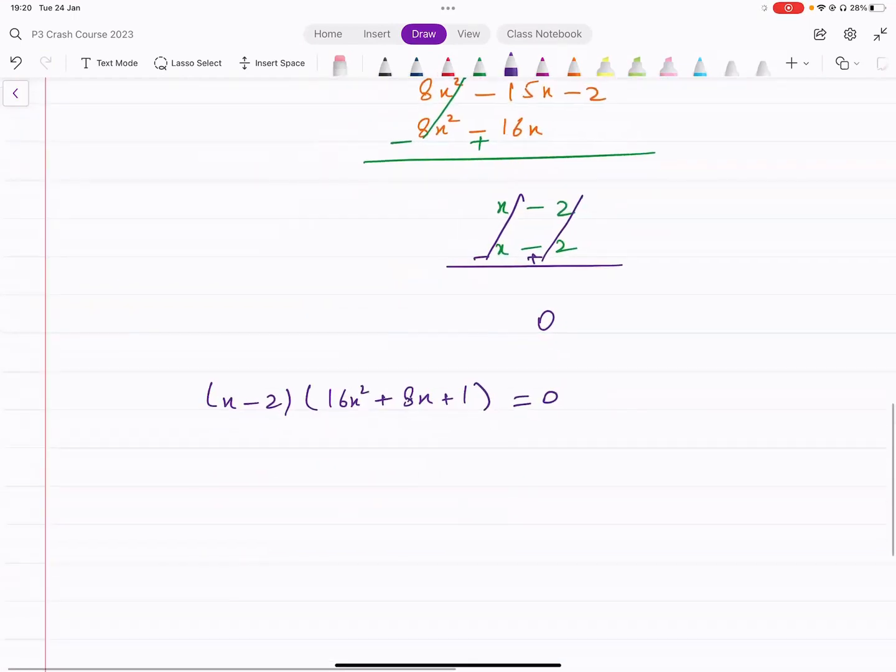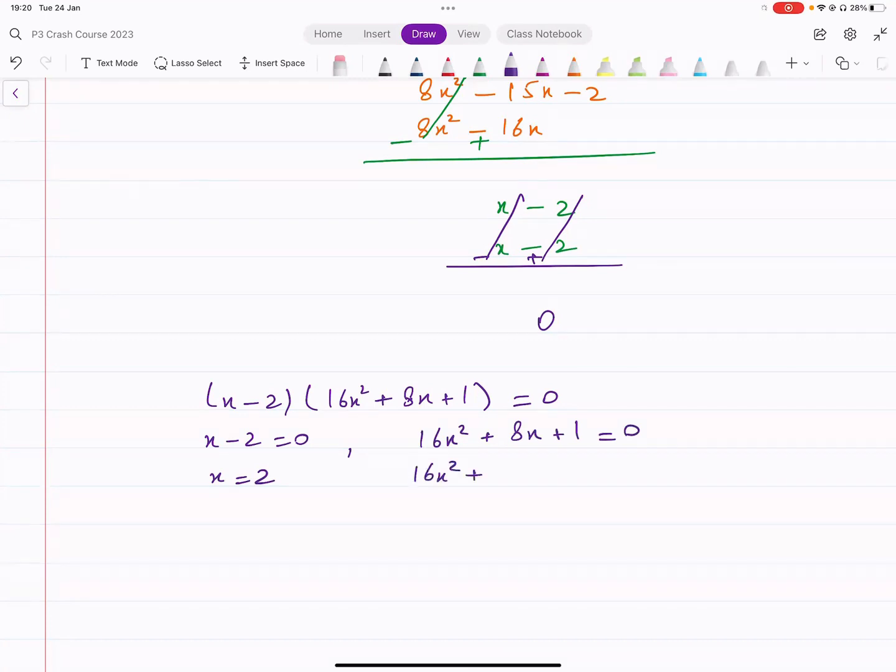We can solve this equation further and see what we get. So one is, of course, x minus 2 equals 0. We already know this, x equals 2. And now we solve the other equation, 16x squared plus 8x plus 1 equals 0. We can do a middle term breaking here: 16x squared plus 4x plus 4x plus 1 equals 0.